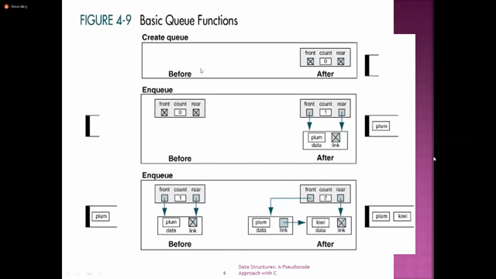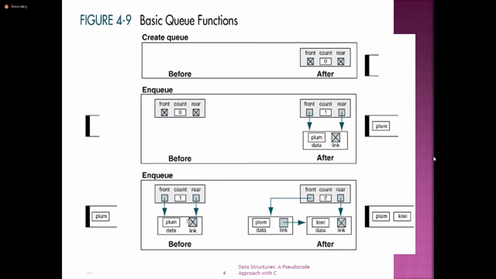Then we can create the queue in this manner. At the initial state, the count has 0 elements. After enqueuing, count should increase by 1.